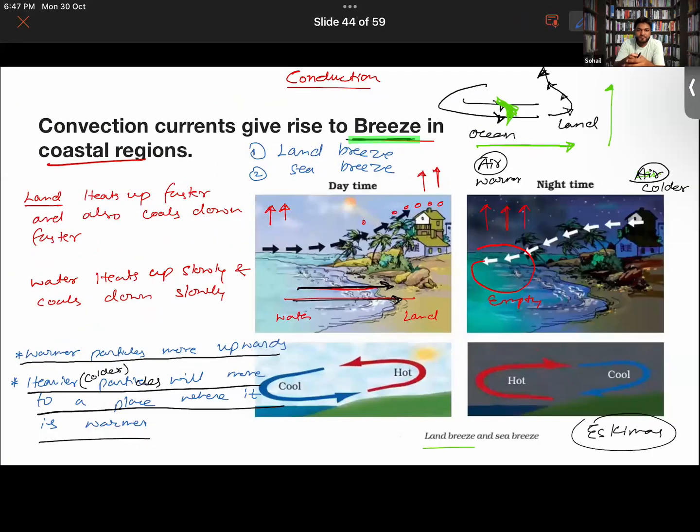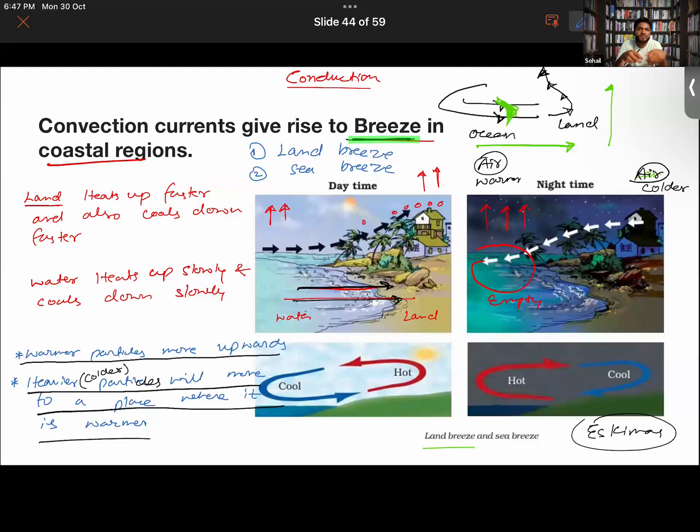Sir, the sea breeze, the water heats up slowly and it also cools down slowly, and warmer particles move upwards and the colder particles will move in.